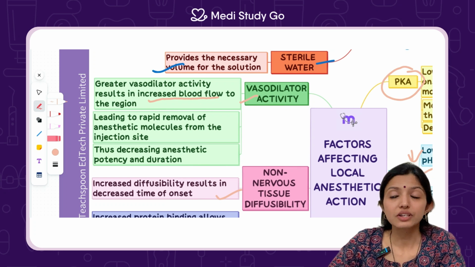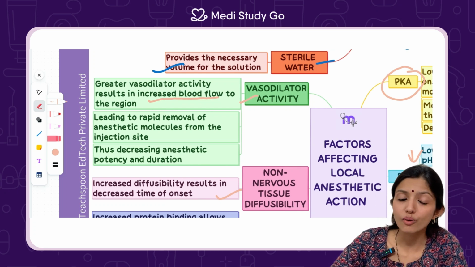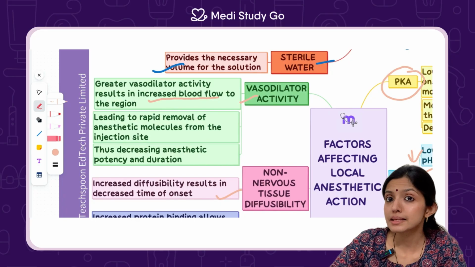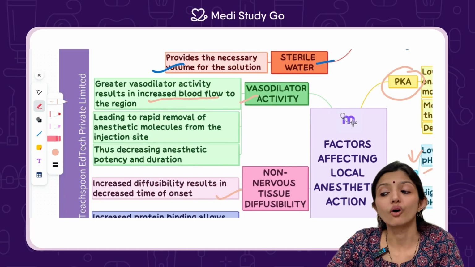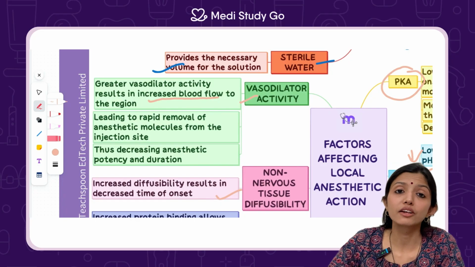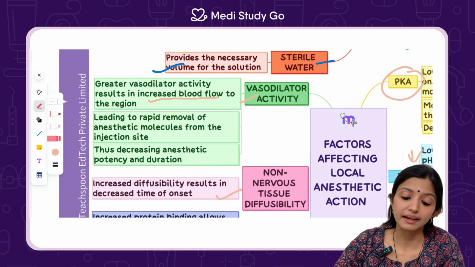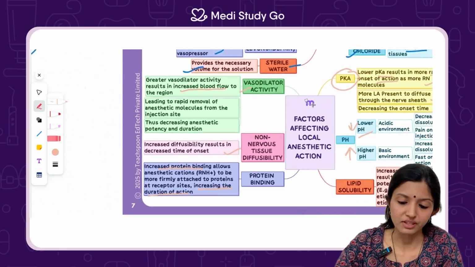Increased vasodilation means more drug is flushed out faster. Increased vasoconstriction increases the duration and it also reduces the systemic toxicity. Because if the blood vessels are dilated, there is more drug rushing in, which may cause an increase in systemic toxicity.